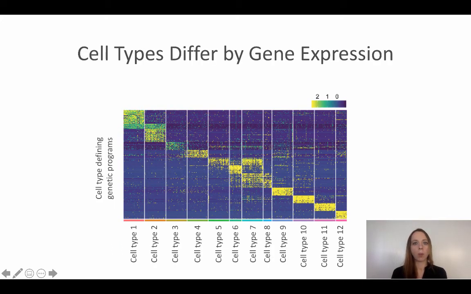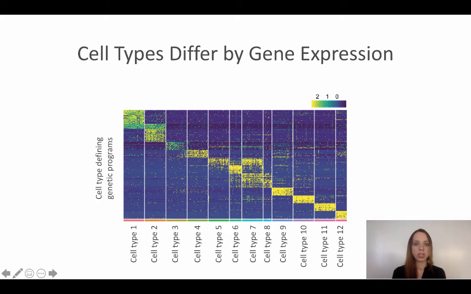Now I have walked you through the process of identifying cell types in single-cell RNA-seq data. The value of this analysis is that it both tells us what the cell types are and reveals the genetic programs that define those cell types. Here I'm showing a heat map of cell type-specific gene expression.